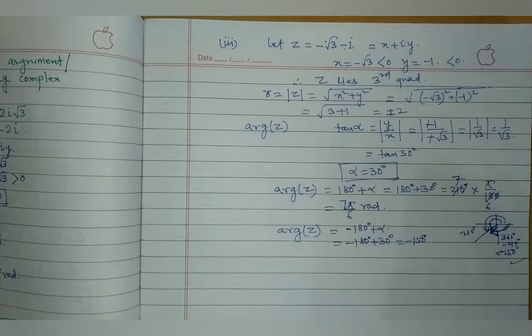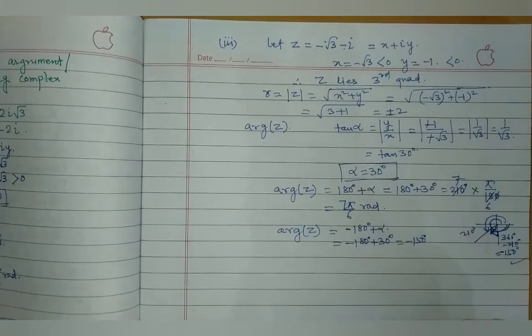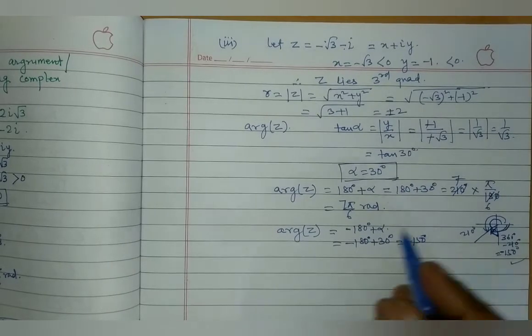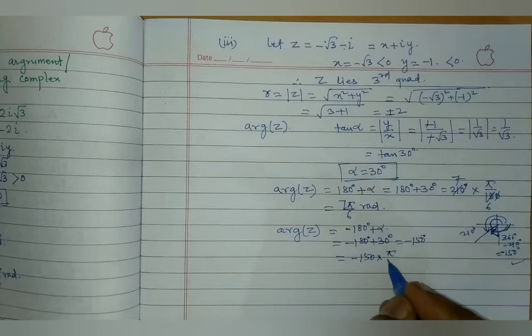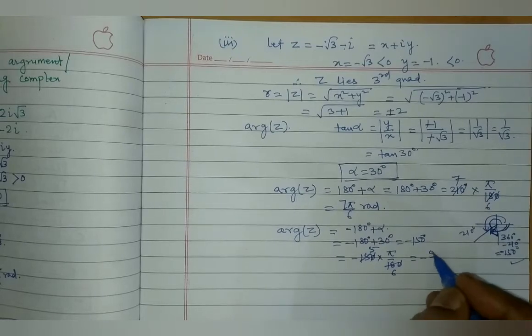Here I am writing minus. Why minus? I have to put it because the angle is formed in the clockwise direction. Therefore minus 150 into pi by 180. So 0 cancel, 3 5 times, 3 6 times, so minus 5 pi by 6 radian.